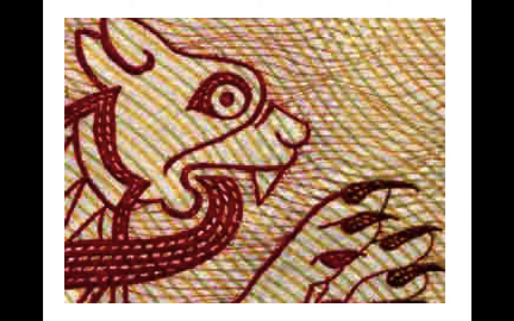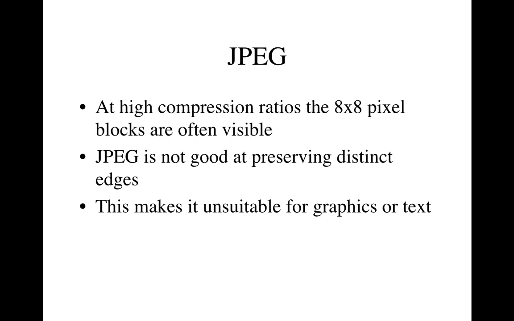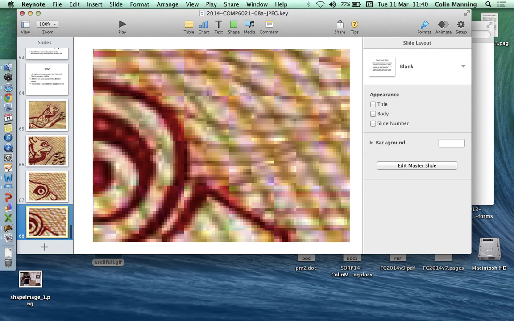And we're seeing the edges of those blocks where we wouldn't want them. You see them there? So that's the main feature of JPEG: when the compression is turned up really high, we see those blocks. And they're 8 by 8 pixels. So any questions on that?